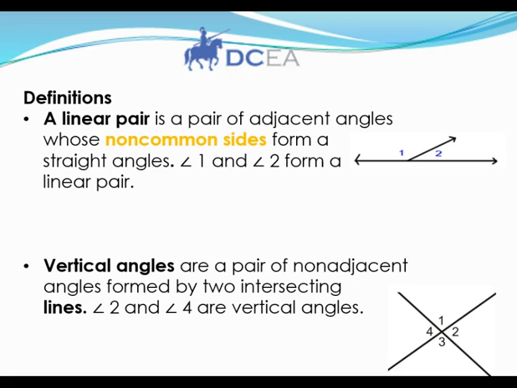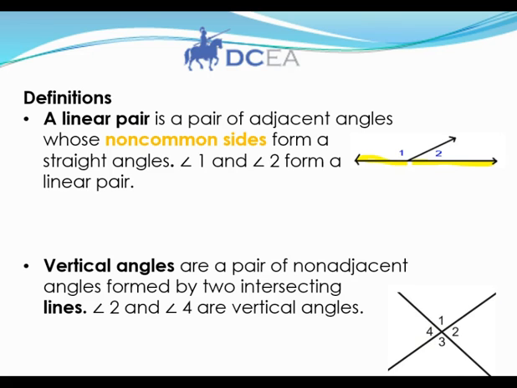Let's move on to a few definitions from which we'll build our next theorems. We have a linear pair. A linear pair is a pair of adjacent angles whose non-common sides, the non-common sides would be these sides right here.